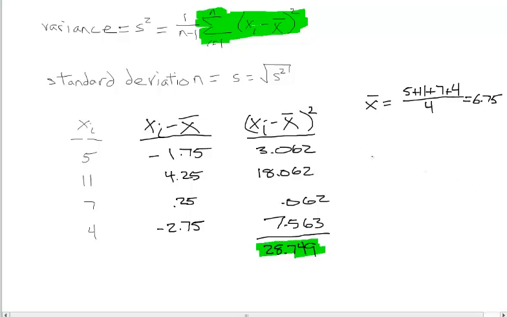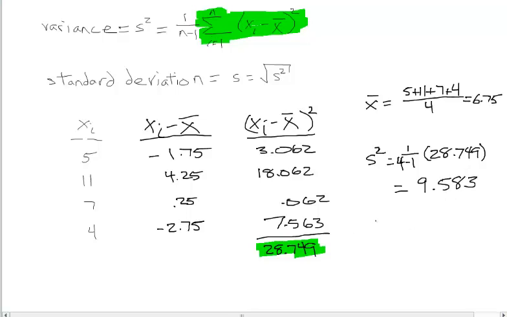So in this case, s squared is equal to 1 over n minus 1, or 1 over 4 minus 1, times 28.749. And when we do the math, we end up with 9.583.